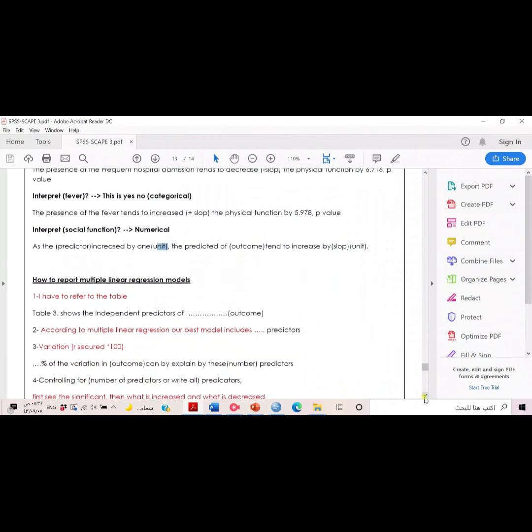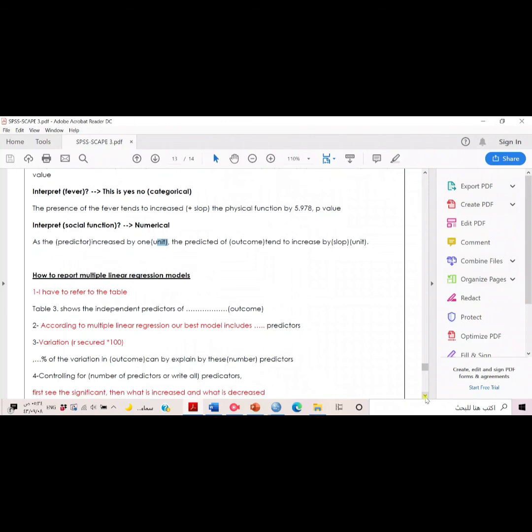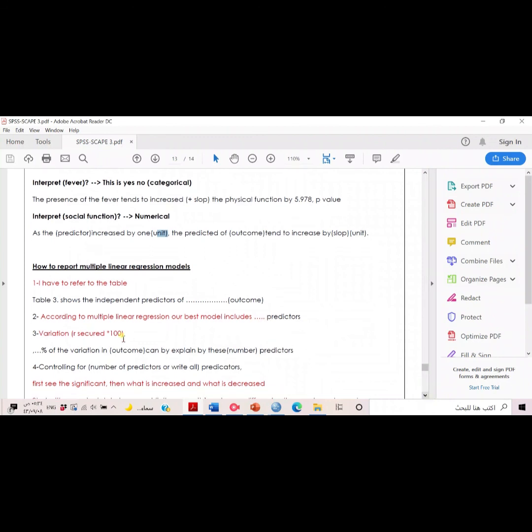And how can we report in the result section? First, we have to refer to the table. So we will say, for example, Table 3 shows the independent predictors of my outcome. And then I will say, according to multiple linear regression, our model includes, and then I will mention the predictors that were added in the model. Then I will explain the variation by using R squared multiplied by 100.